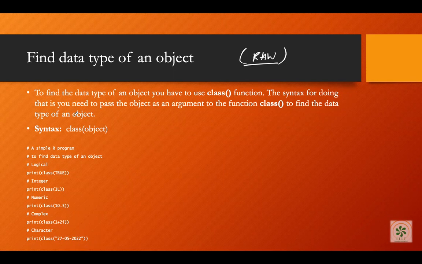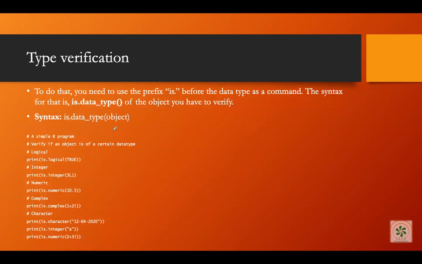Let's find out the data type of an object. Whenever we have a variable and we don't know its data type, we use the class function to find out its data type. The class will give me its data type name, which we have seen in the examples. How can we verify the data type? We have is, the data type, and the object. So is.integer, is.numeric, is.character, is.complex.